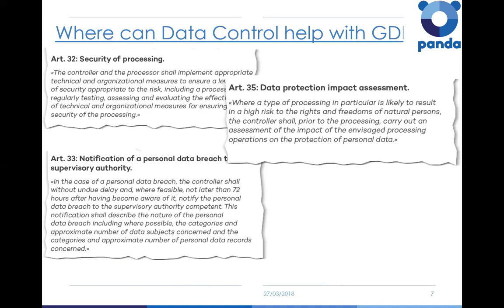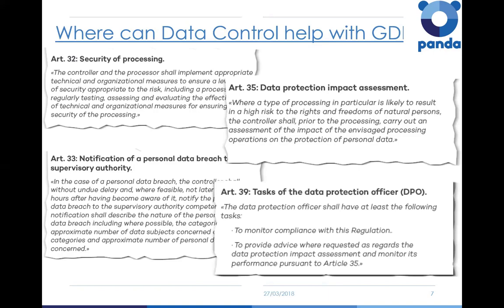For this reason, companies need to have full visibility and control of where sensitive data is located, who's accessing it, and what is being done with that data as well. If not, you will not be able to comply with this and other articles in the regulation as well. Article 35 focuses on complete control over the risks with respect to the privacy of personal data.